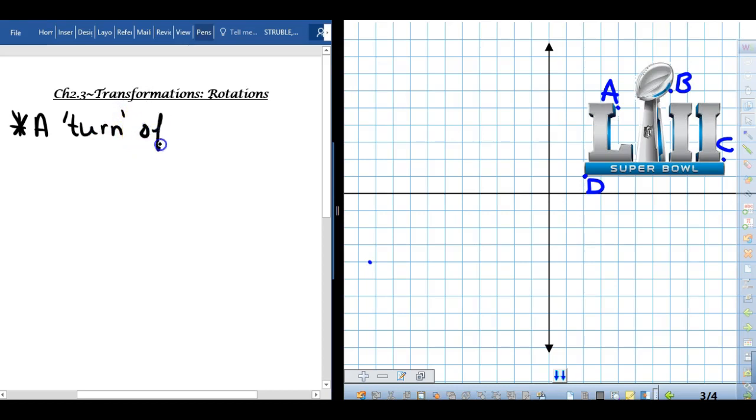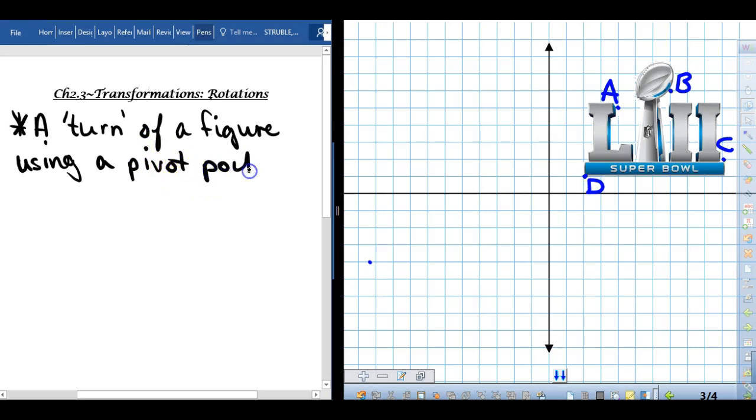And it's a turn of a figure in the coordinate system using a pivot point, a point at which it rotates around.